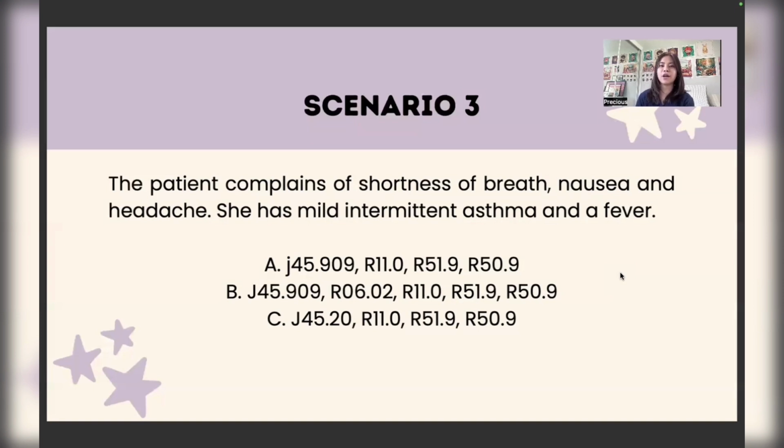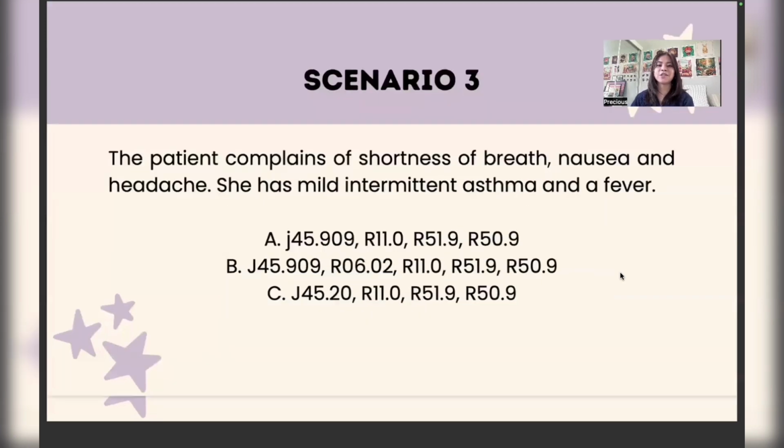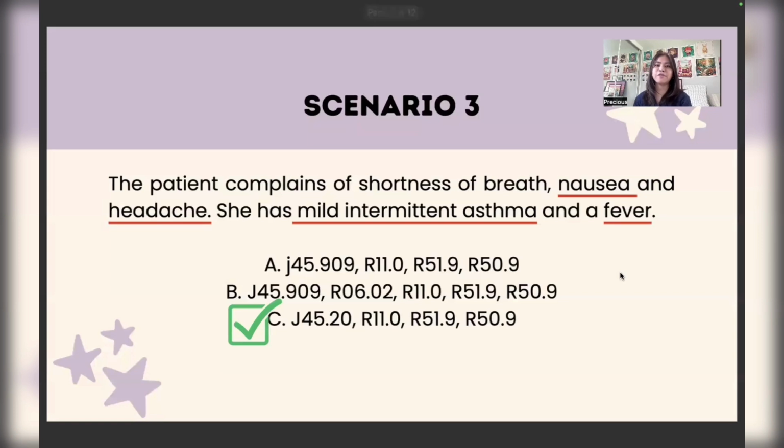I'll give you 3 seconds to lock in your answer. And if you want more time, please pause this video. All right. The correct answer is letter C, J45.20, R11.0, R51.9, and R50.9.